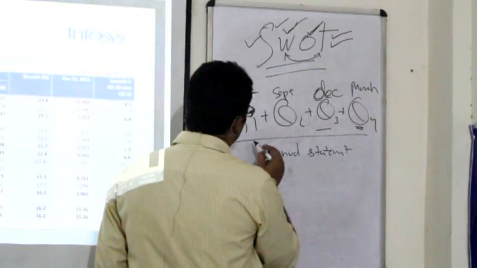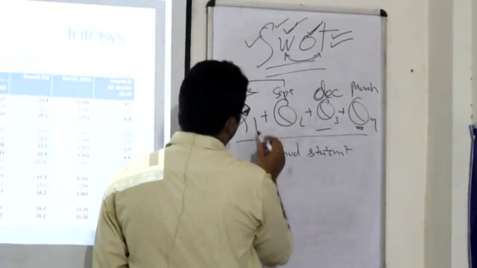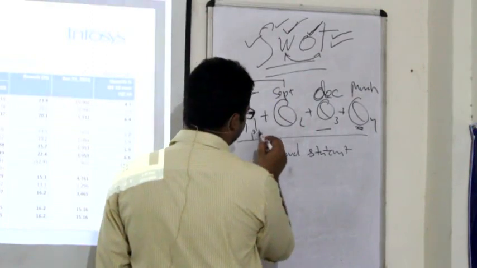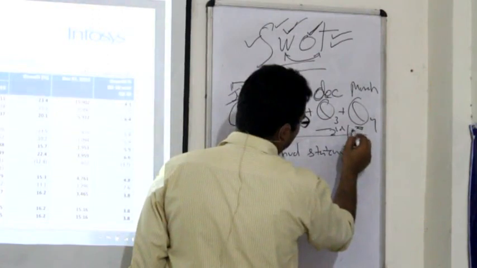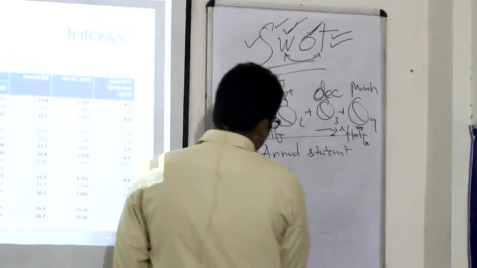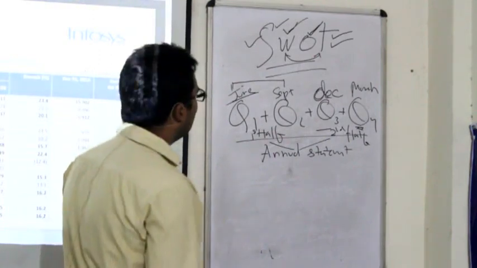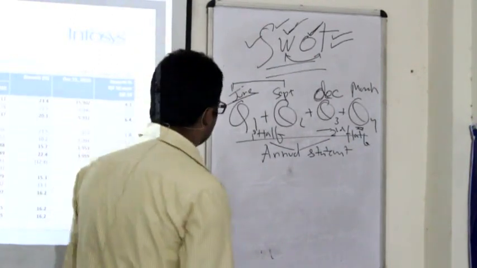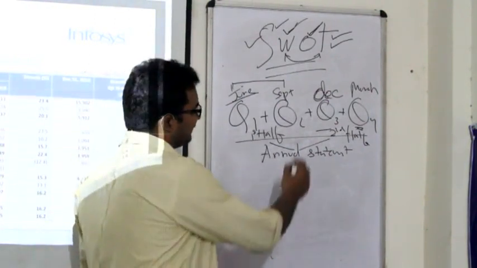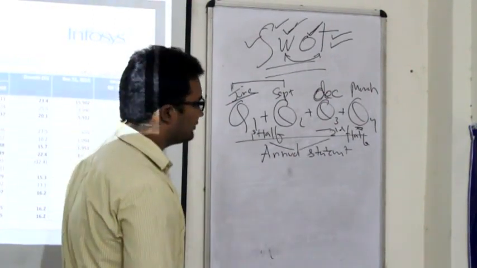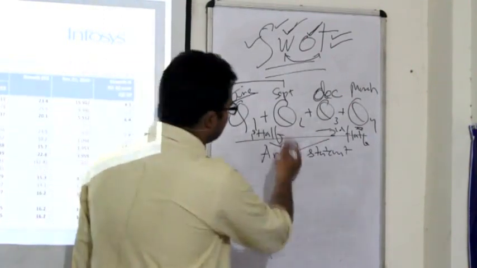When we talk about the half-yearly scenario, we are talking about the first half of the company and the second half. The first half and second half taken together would be the annual performance. When we are talking about big companies, we are very much inclined towards the performance of the first half and the second half. There are companies which perform better in the second half and there are companies which perform better in the first half.